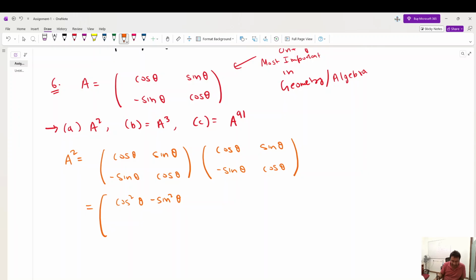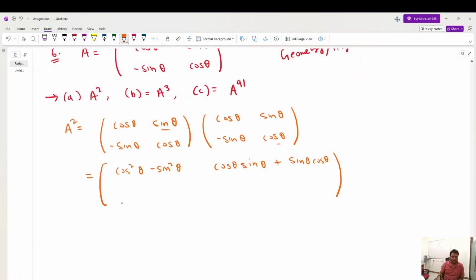Then the other one is cos theta sine theta plus sine theta cos theta, right? And this with this is minus cos theta sine theta minus cos theta sine theta. And then the last thing, again, cos square theta minus sine square theta, you can see.